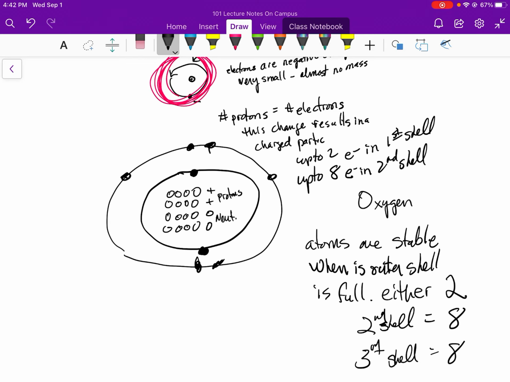Now, this is a dramatic simplification, but the idea is that atoms will try to collect electrons until their outer shell is full. Sometimes that's done by getting rid of one, or sometimes it's done by gathering up one or sharing one with another atom. And we'll talk about in the next lecture how that happens. So there you go.